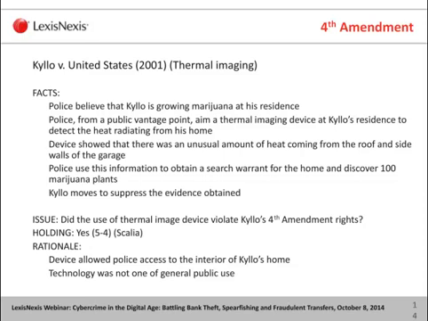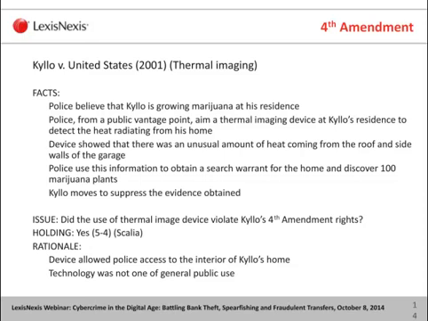In order to get a search warrant, they want to get sufficient information, and that requires probable cause. They use a thermal imaging device and point it at Mr. Kyllo's residence. With this device, they're able to determine the amount of heat radiating from his home.